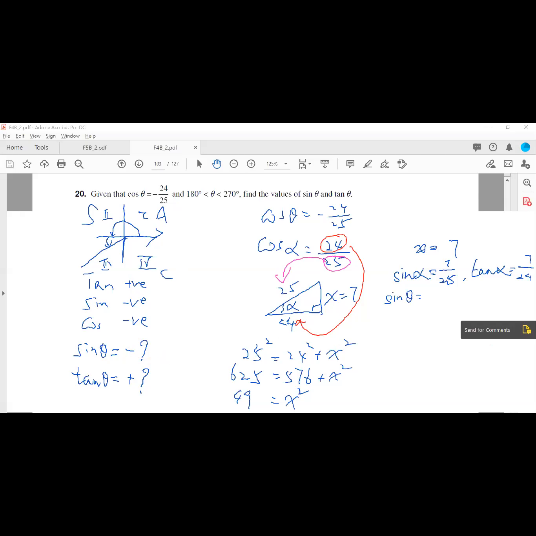Should be this number, so it should be negative 7 over 25. Answer. And then tangent theta, we have found that it is a positive number. But positive what number? Positive this number, should be positive 7 over 24. Okay, so that is the answer. Is that okay?